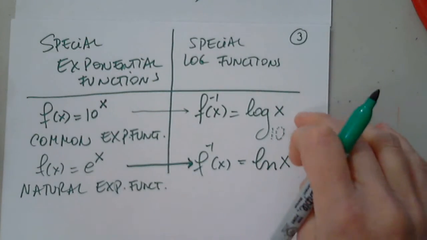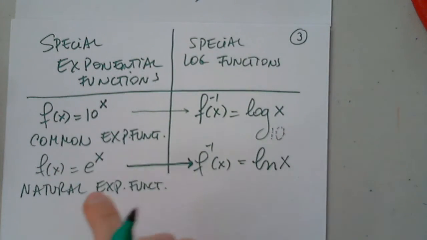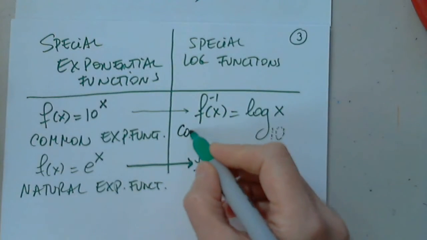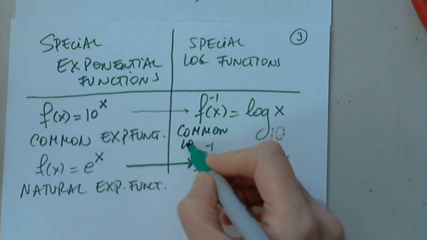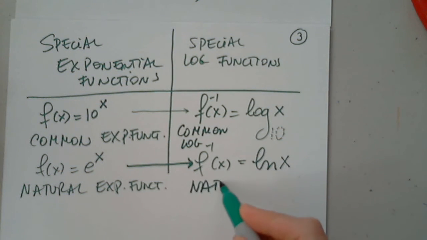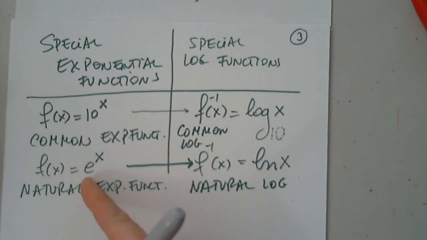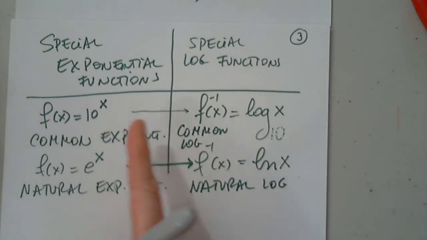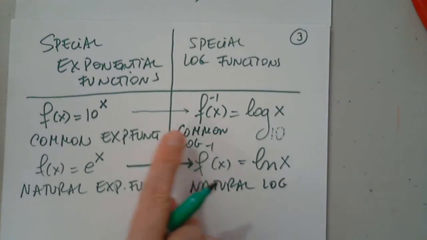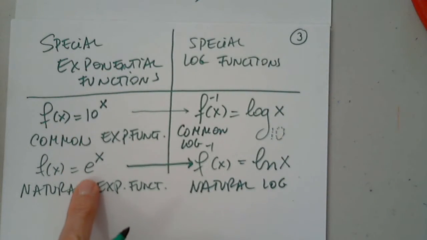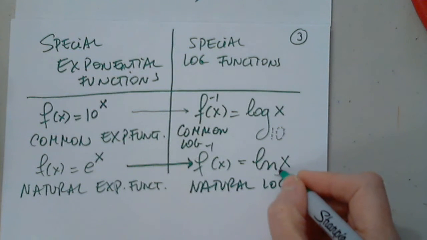So I forgot to mention that this is the common log function, and this is the natural log function, right? Common log and natural log. Of course, when you see something like this, you know the base has to be e. They will not be inverses of each other if they did not have the same base. So if this is base e, this is automatically base e.